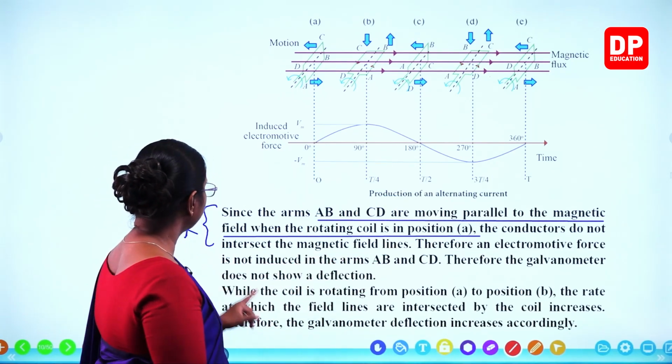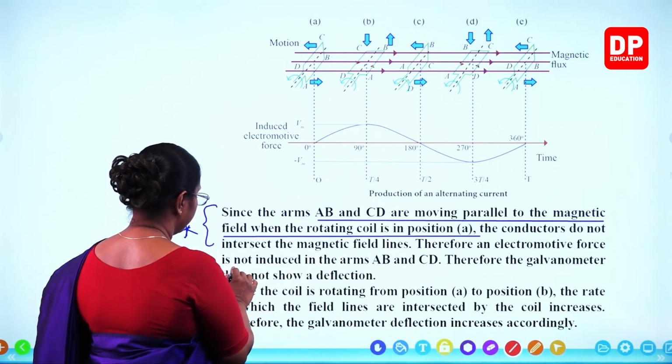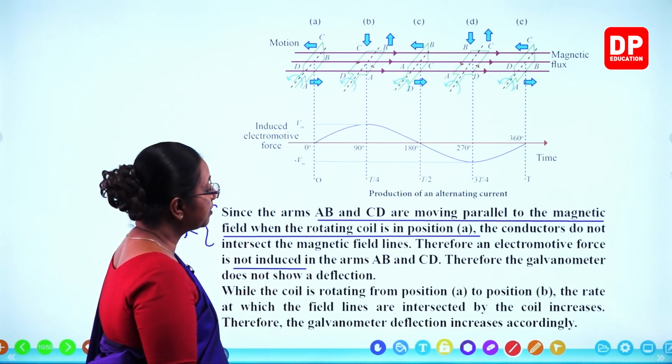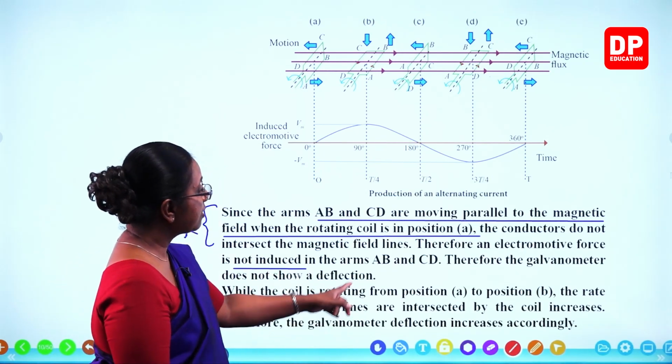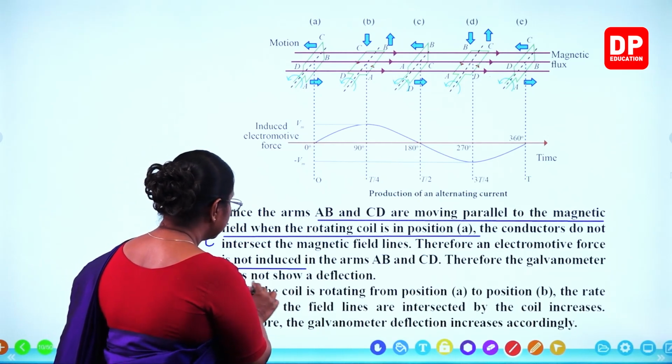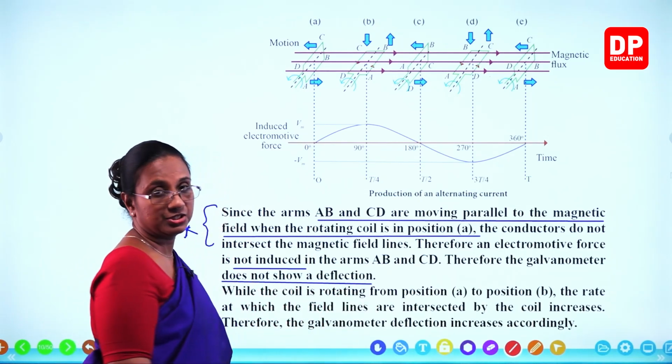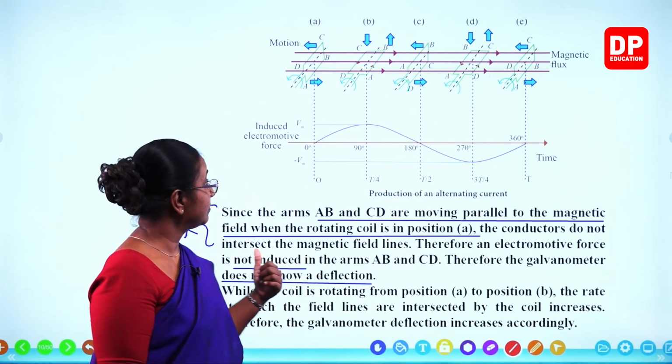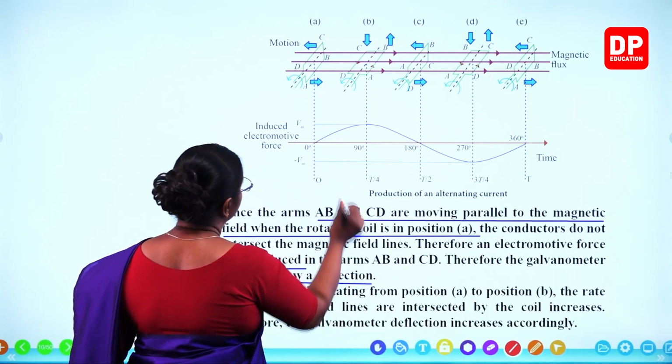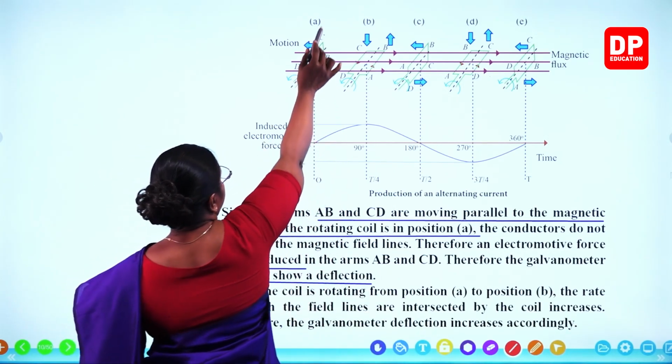Therefore, an electromotive force is not induced in the arms A, B and C, D. Therefore, the galvanometer does not show a deflection. So, that is what I explained with the graph. That is this particular position here.